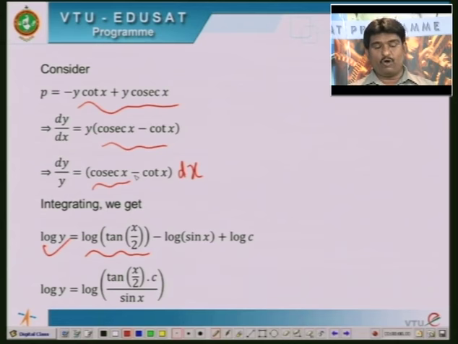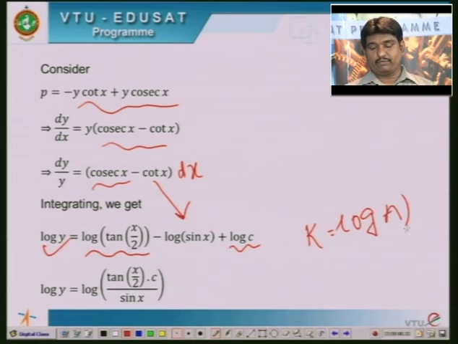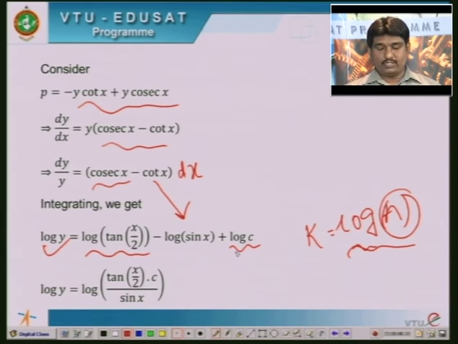I have written it in the simple form, which is log tan(x/2), and integration of cot x is log sin x, and I have taken the arbitrary constant as log c, because any constant k, whether it is positive, negative or 0, whatever it may be, any real number k can be written as log a. Log a can be negative, but log of a does not exist if a is negative. Log of a negative number does not exist, but log a in total can be negative. So the arbitrary constant k can be written as log c.